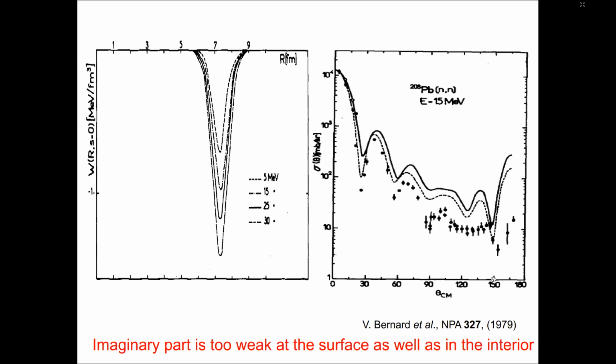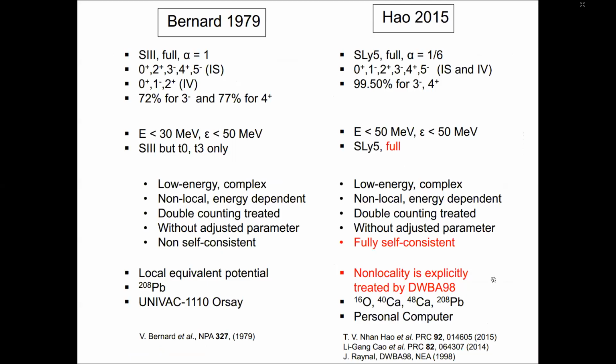So my job is to try to improve their work to see if I can get some positive signal or not. And what I did is simple. For example, at the time there was the SIII interaction, and of course, 40 years later, I have SLy5, which is more modern.